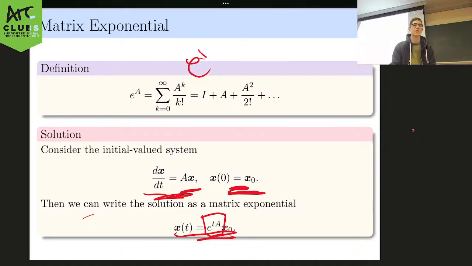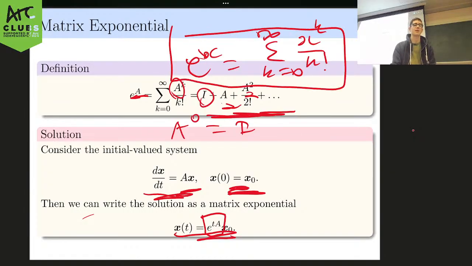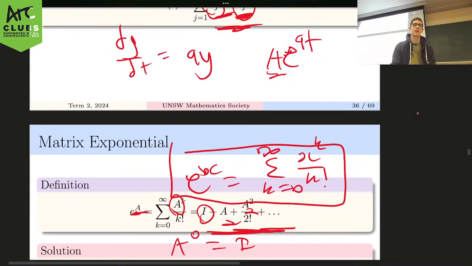You remember from Math 1b, the exponential is this Taylor series, you expand it all out, x to the k over k factorial. If we plug in A for that, with the identity matrix defined as A to the naught, so I plus A plus A squared over two and so on, it works out quite nicely because you get some of the same properties, which we'll see on the next slides.